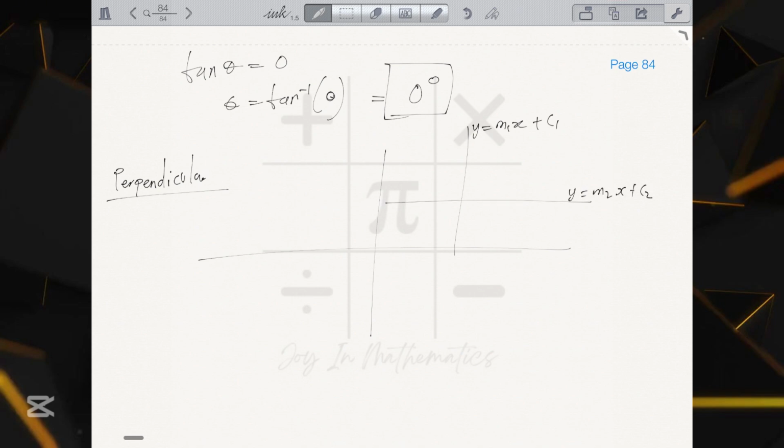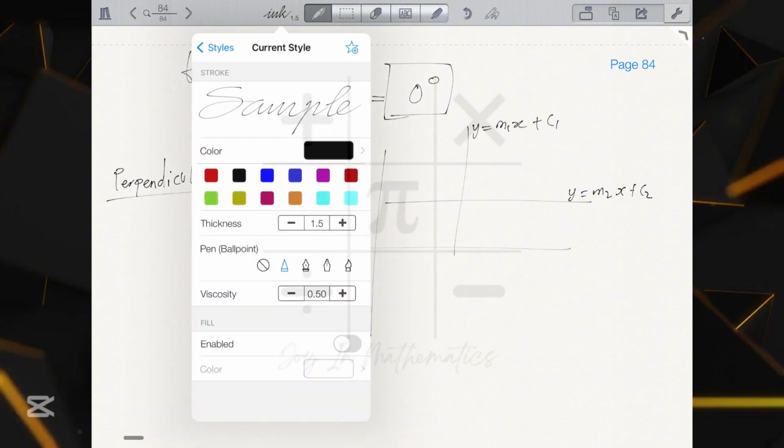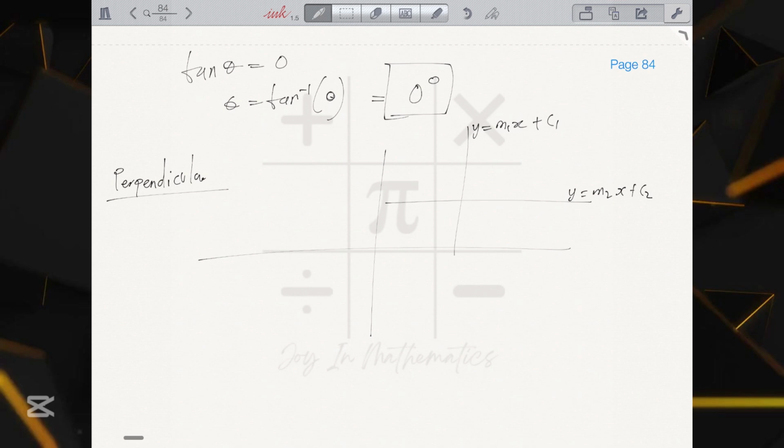Now, according to the name itself, if they are perpendicular, then the angle between them should be simply 90 degrees. But then we want to prove it, right? So let's prove it together. Moreover, there is no need to actually prove it, we can just apply it. But then let's do it together.